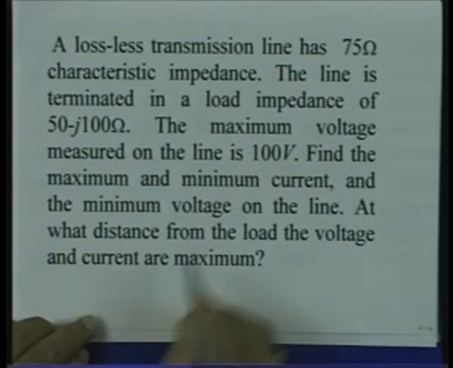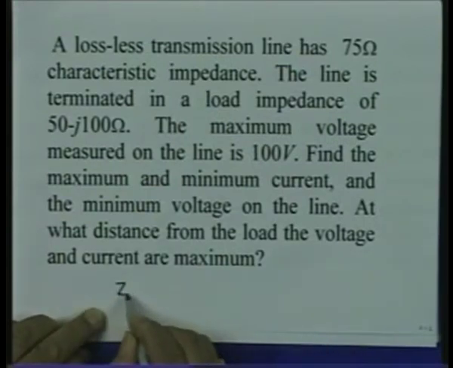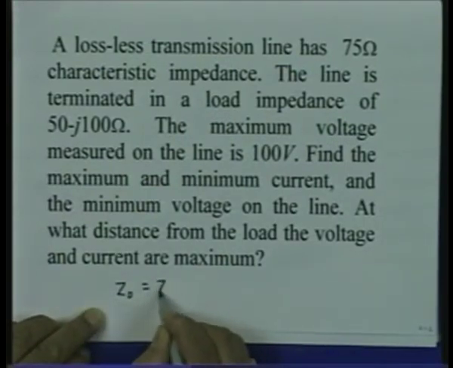This problem can be solved either analytically or graphically. We will solve this problem analytically. What we are given here is the characteristic impedance Z0, which is 75 ohms.